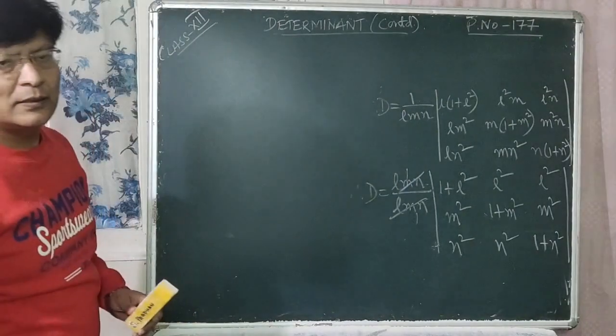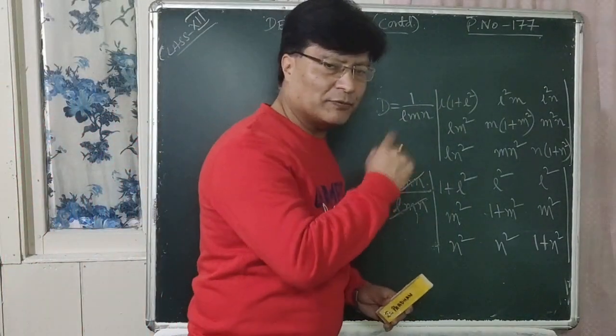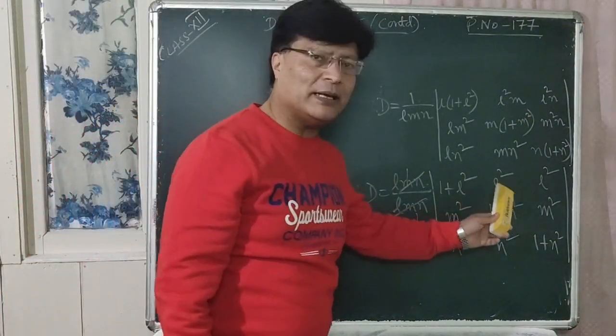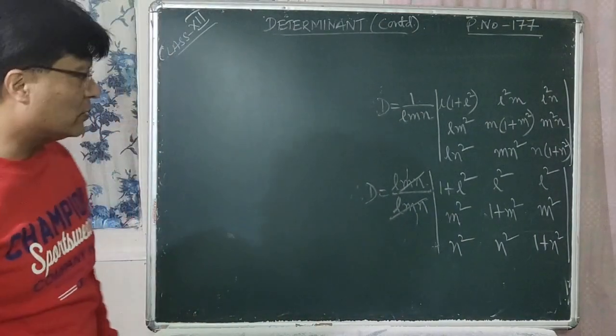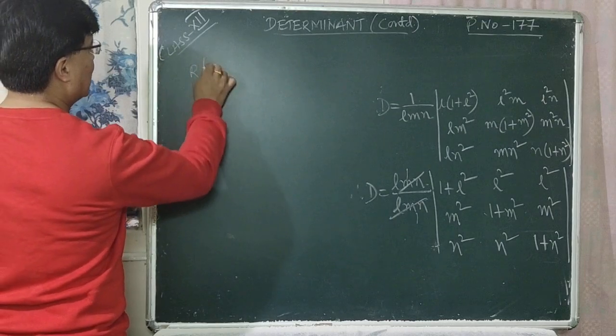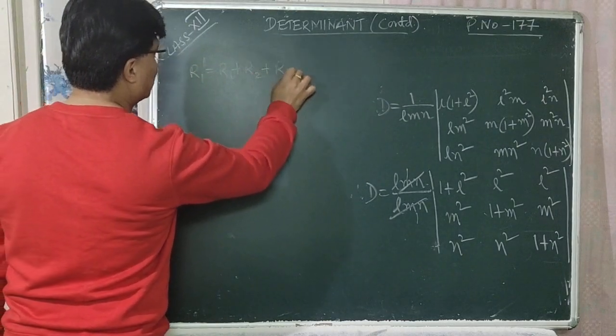This is the third element of the first row, right? So we are getting the same element in the first row, so that you can take it outside. Okay, so here we are using the property R1 dash is equal to R1 plus R2 plus R3.